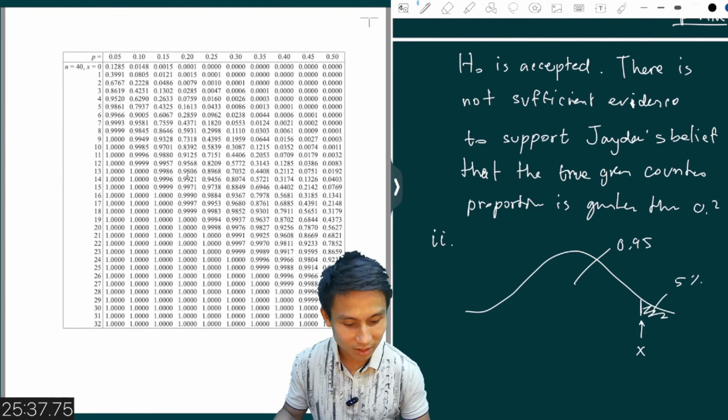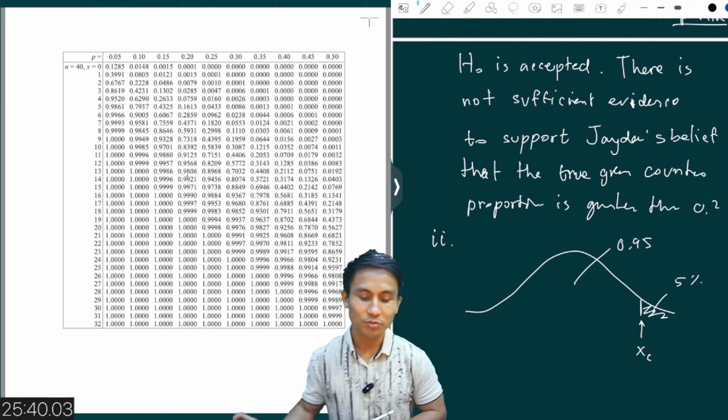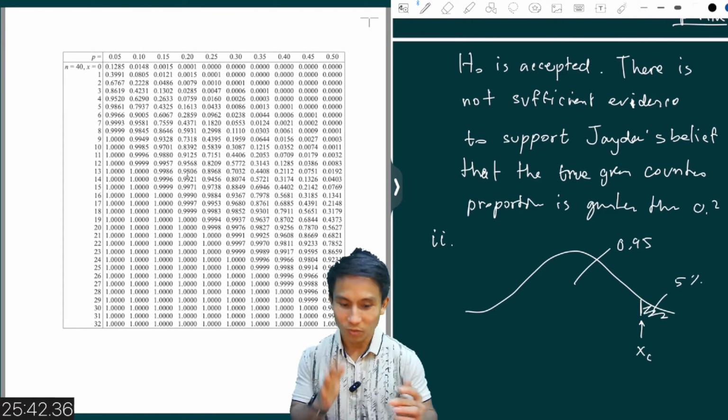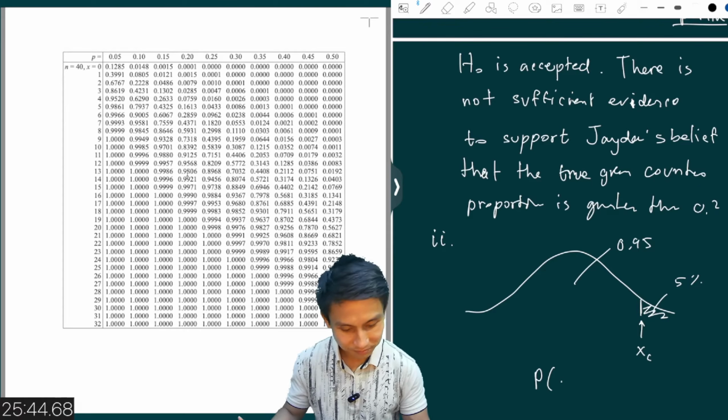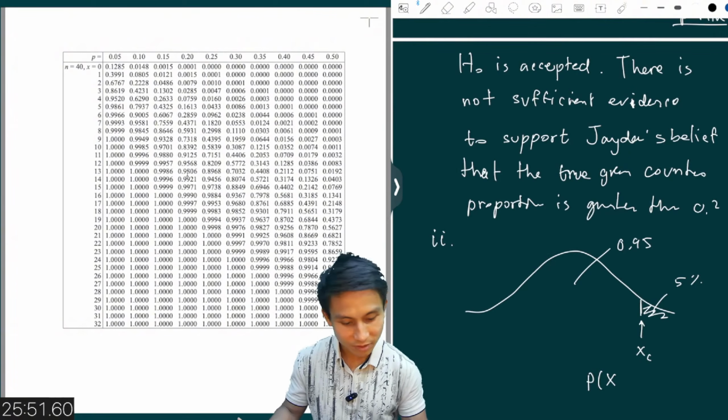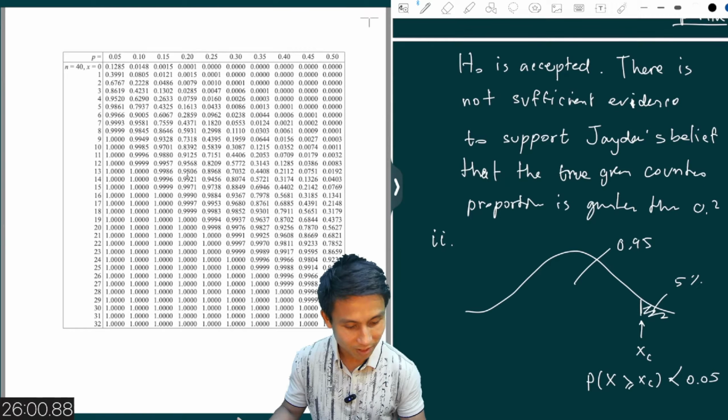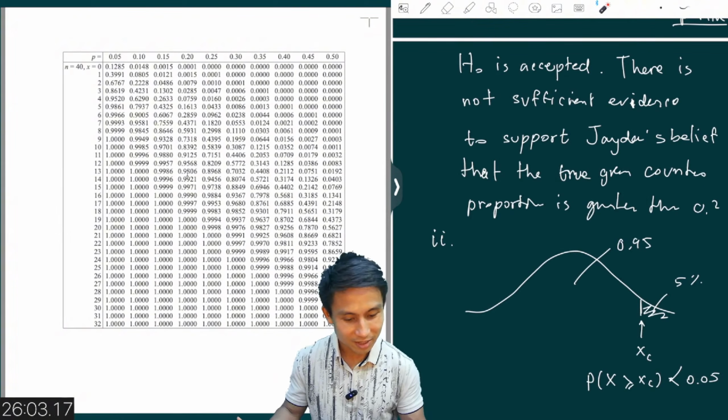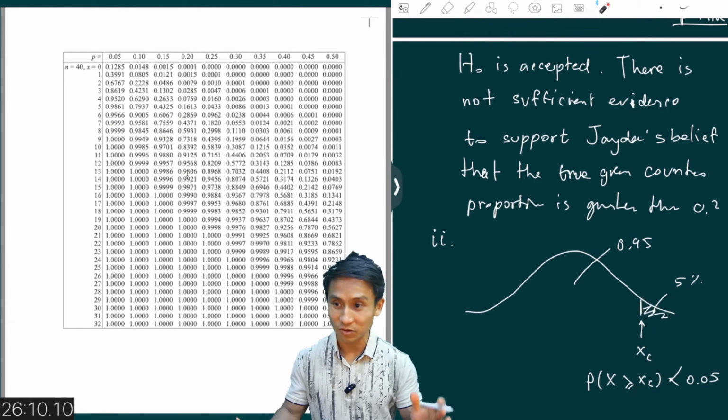So we want to find the critical value xc such that P(X greater than or equal to xc) is less than 0.05. If you go above or equal to this, the probability should be less than 5% to be in the critical region.